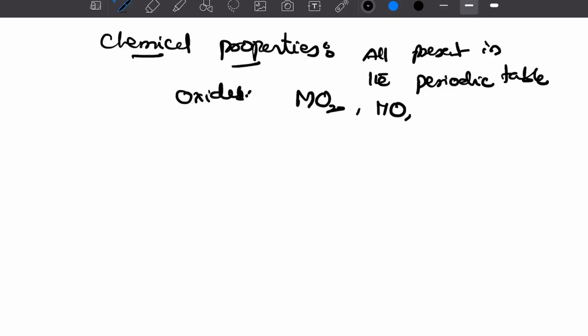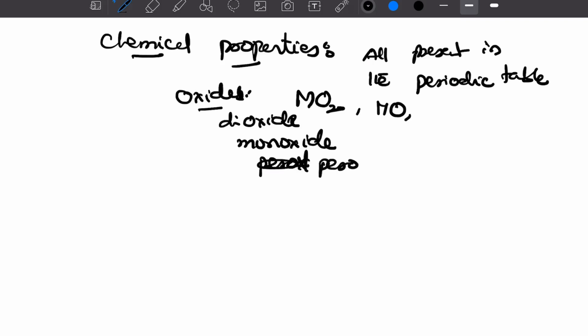It will give types of oxides: dioxides, monoxides and peroxides. Sometimes they will give trioxides also, with the formula M2O3. So MO2, MO and M2O3 are the general formulas of the binary compounds formed by oxygen, called oxides.